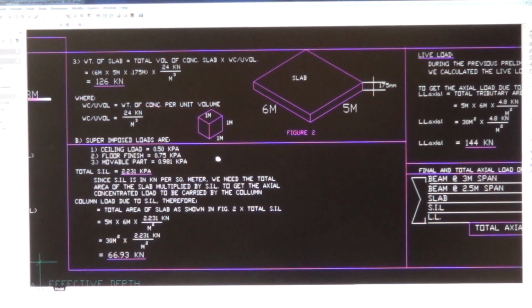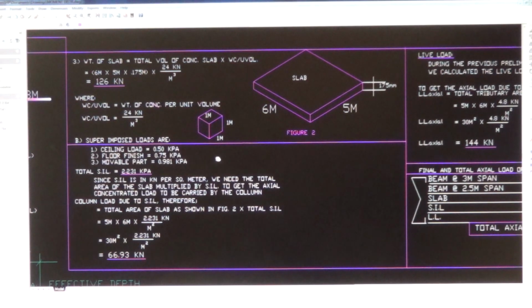If you want to know, the 0.981 kPa is 981 newton per square meter. In 1 pound there are 4.448 newtons.